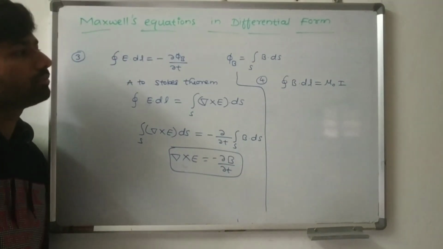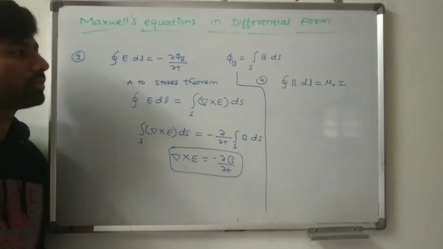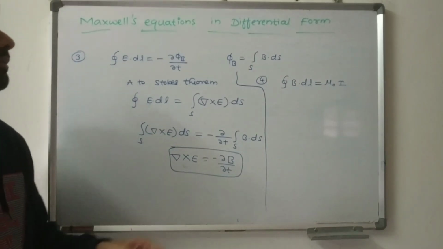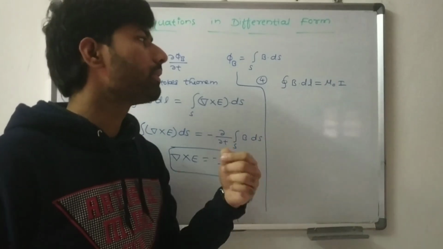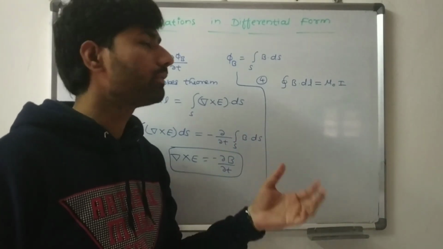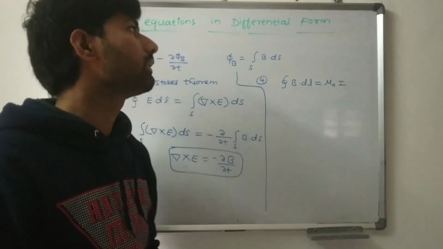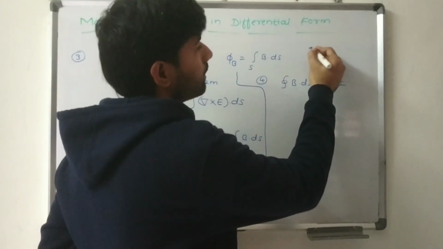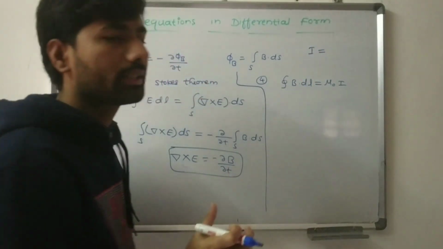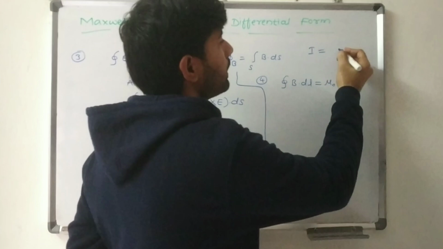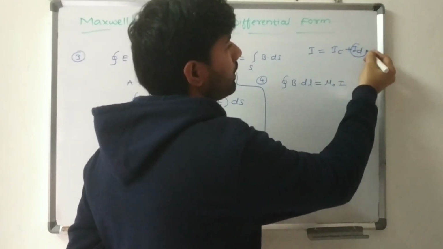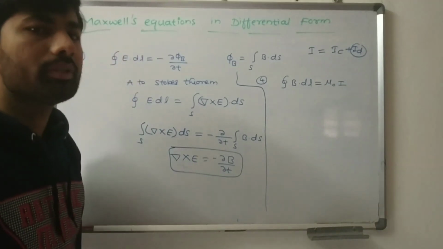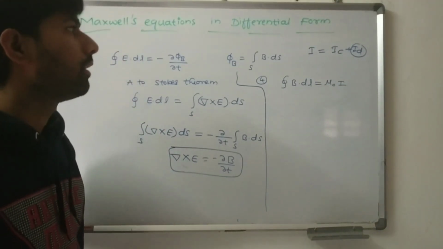Ampere's law was modified by Maxwell, because there was something with this current, that is it will be a conduction current, there must be some kind of displacement current. From that we can write the total current flowing through the circuit will be equals to IC plus ID. Here ID will be the displacement current that we will see in the next topic.